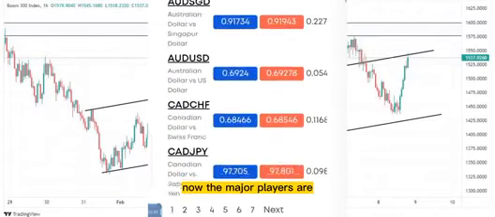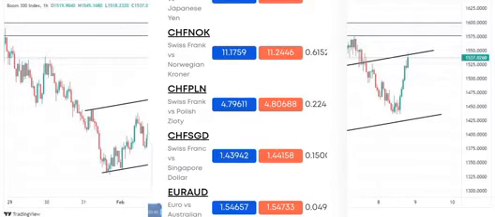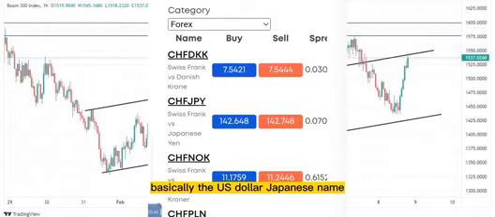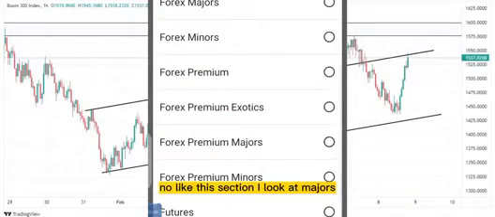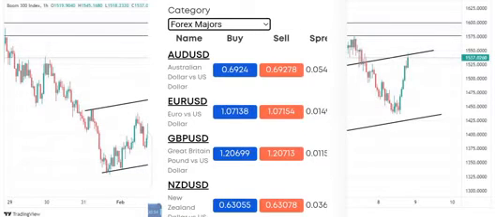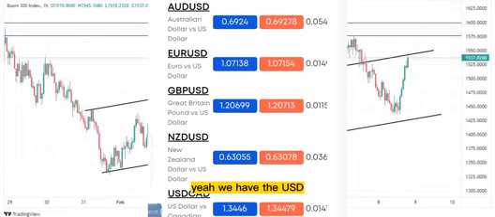Now the major pairs are those pairs that have the US dollar, basically the US dollar and the Japanese yen. Now in this section, I will look at majors. Yeah, we have the Euro USD, the Australian dollar and United States dollar. Those are major pairs.